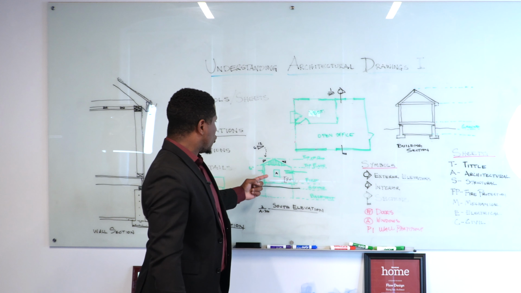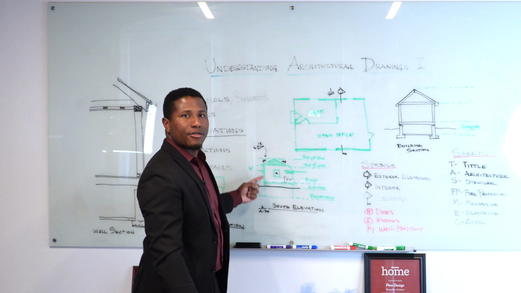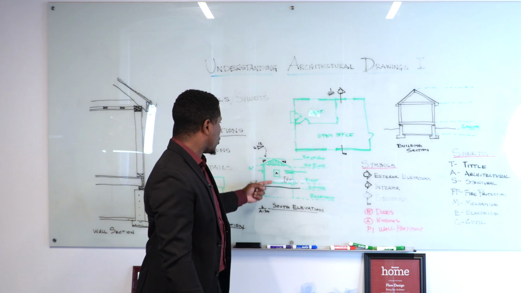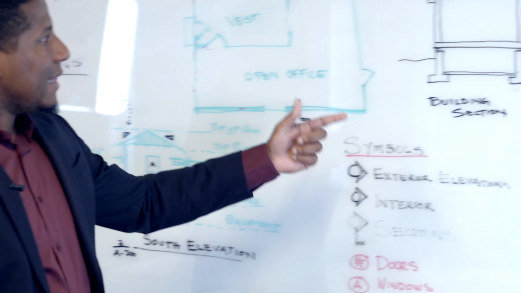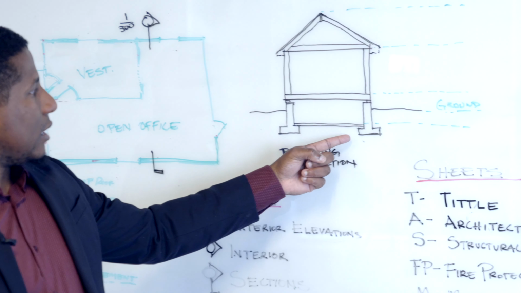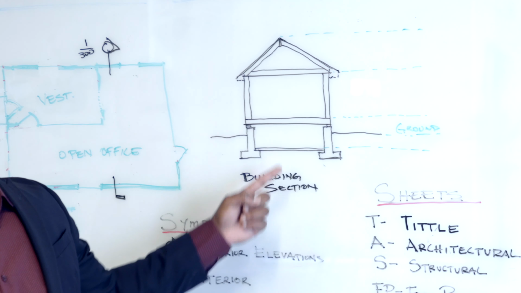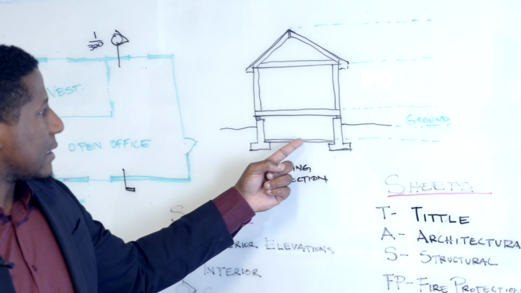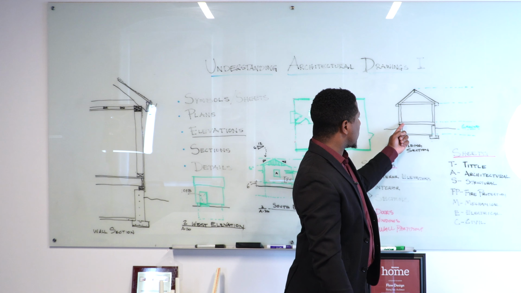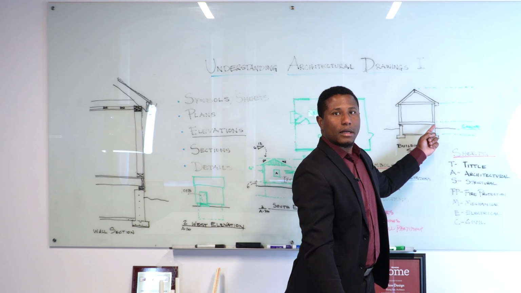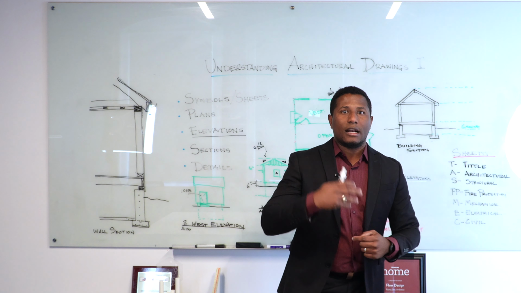Before, you could see only the exterior of the building, and the windows. In the section, you can see the foundation wall, the concrete slab on that foundation wall, and the floor assembly, what kind of framing it is.